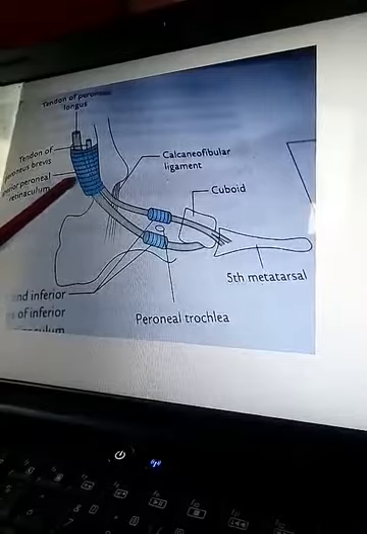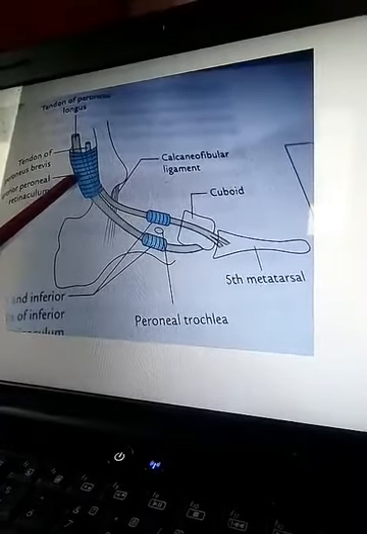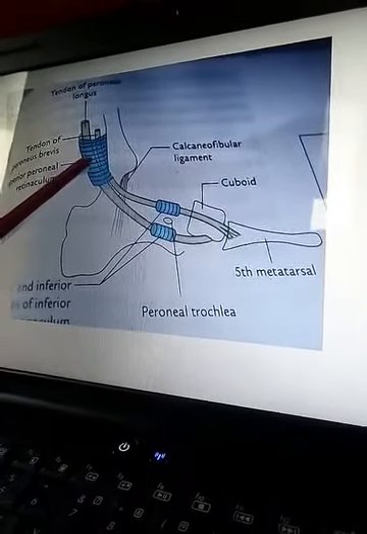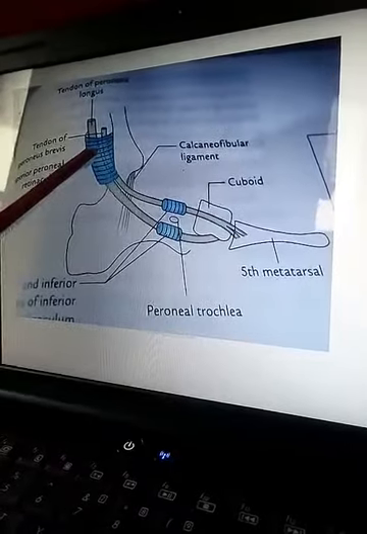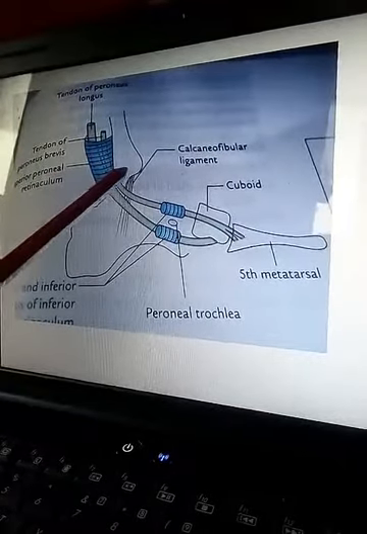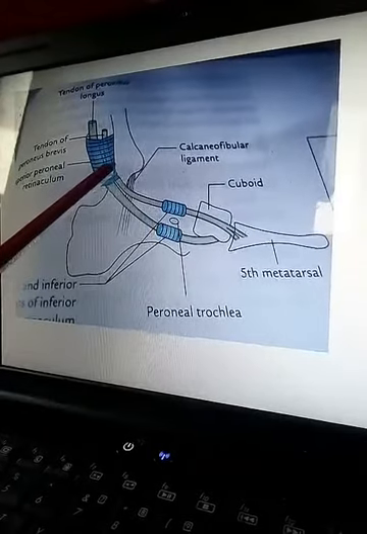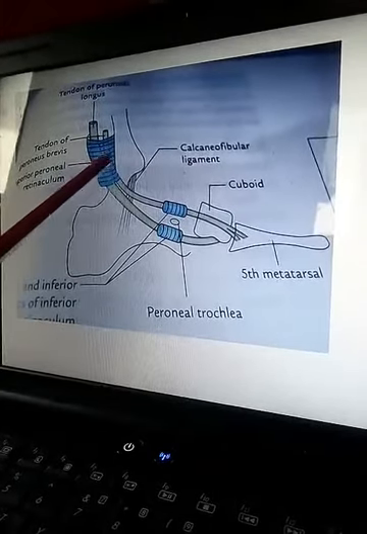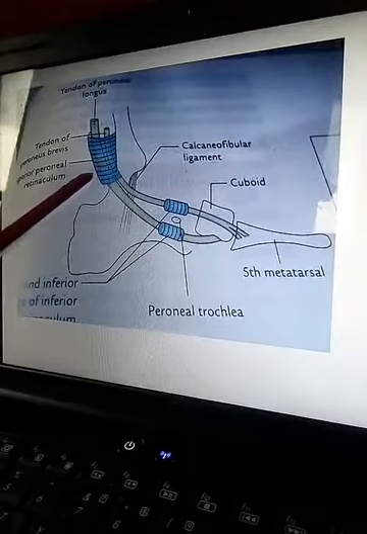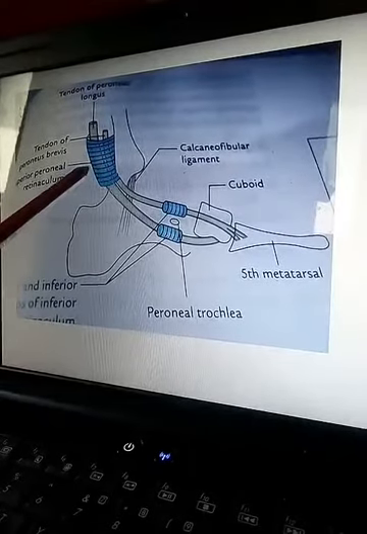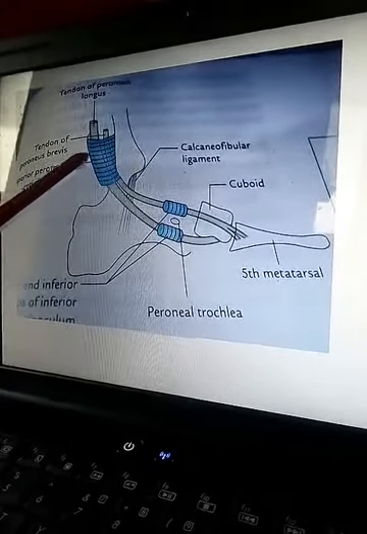The superior peroneal retinaculum is a thickened fibrous band of deep fascia situated just behind the lateral malleolus. Anteriorly it is attached to the back of the lateral malleolus, and posteriorly it is attached to the lateral surface of the calcaneum.